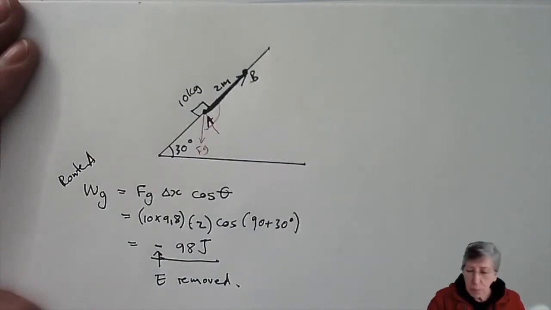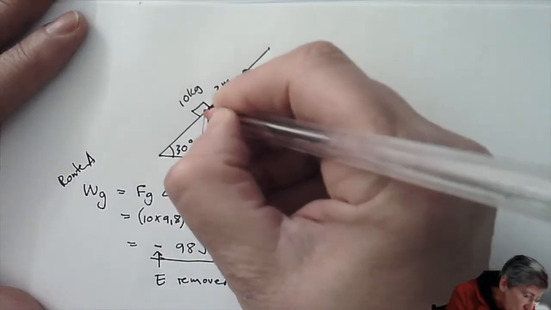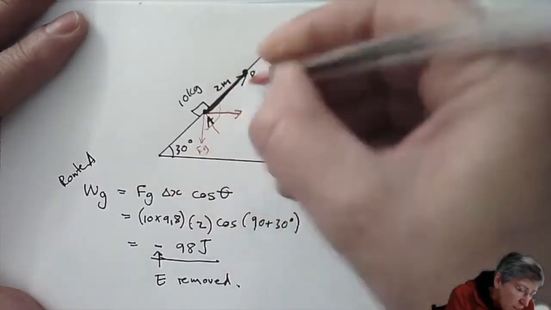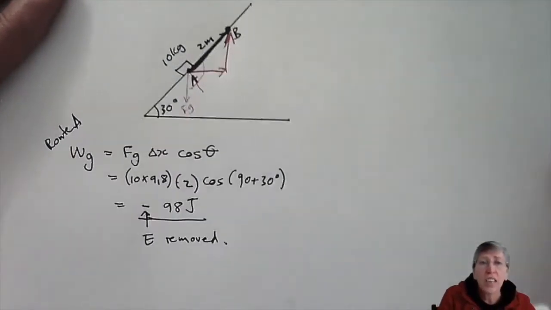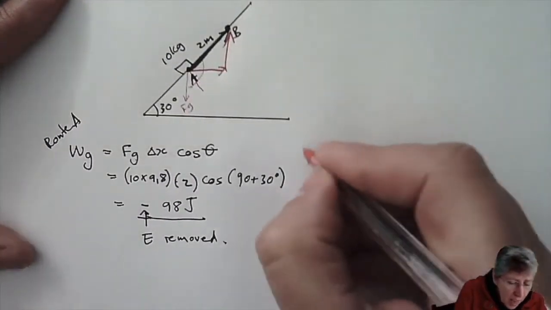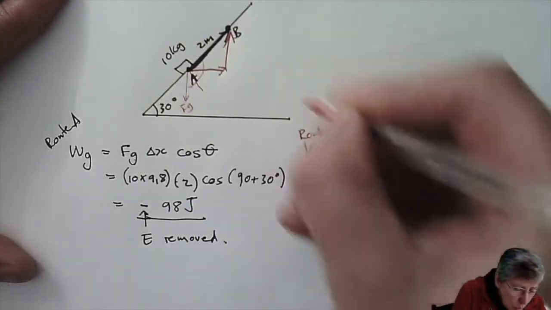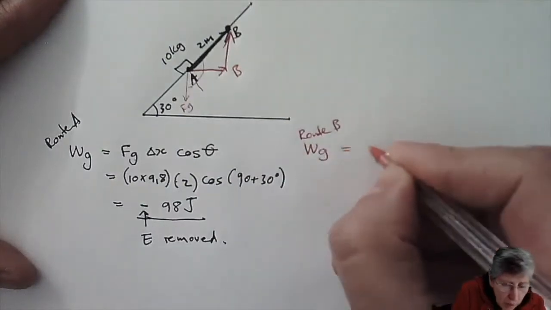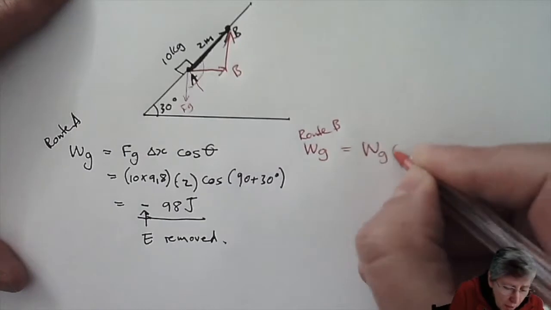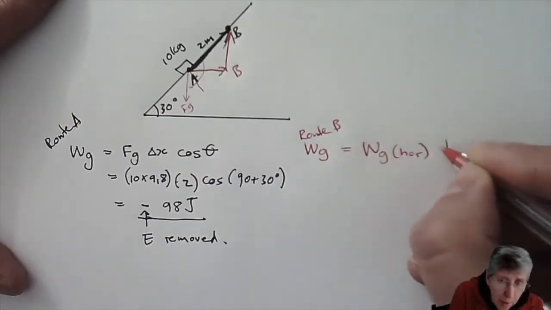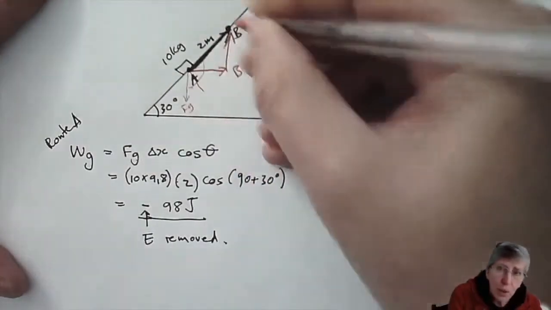So now, next up, what I want to do is I don't want to go that route. I'm going to try a new route. So let's try going horizontally and then going vertically, right? Going horizontally and then going vertically. So now the work done by gravity for route B, right, let's call this B, is going to be the work done by gravity on the horizontal part, plus the work done by gravity on the vertical part of the movement.